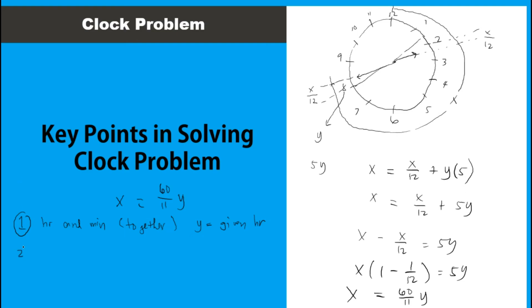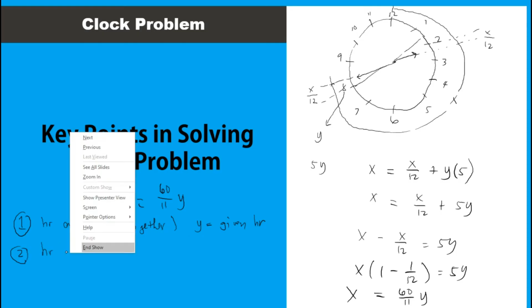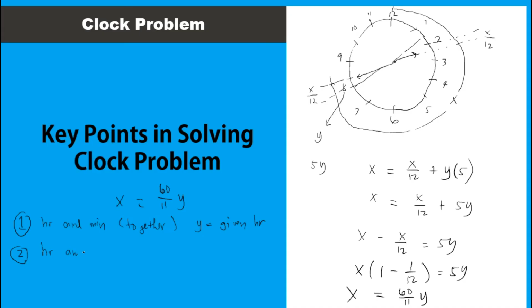For number 2, the condition is, if the hour and minute hands are opposite to each other, y is equal to the opposite of the given hour.